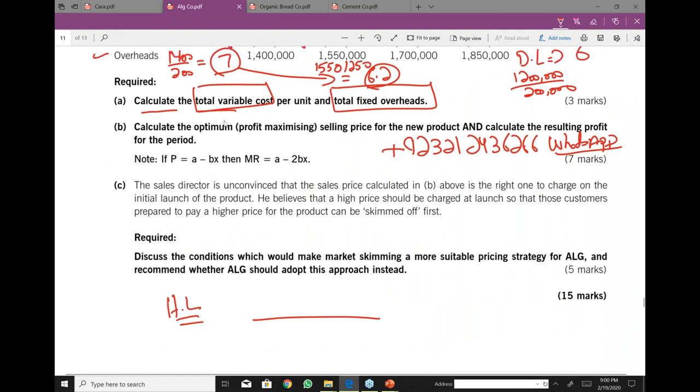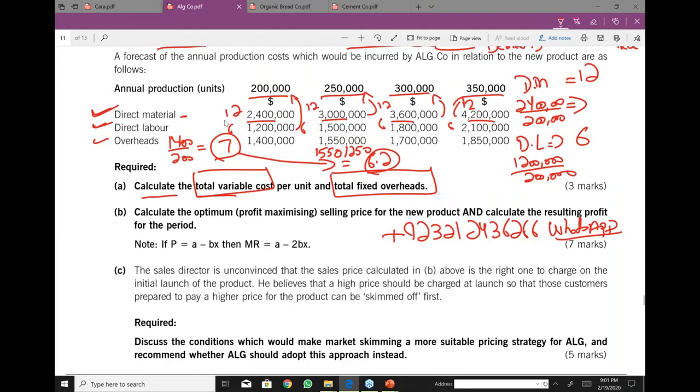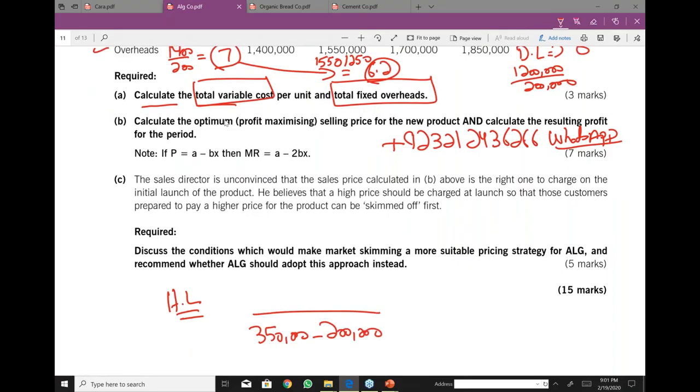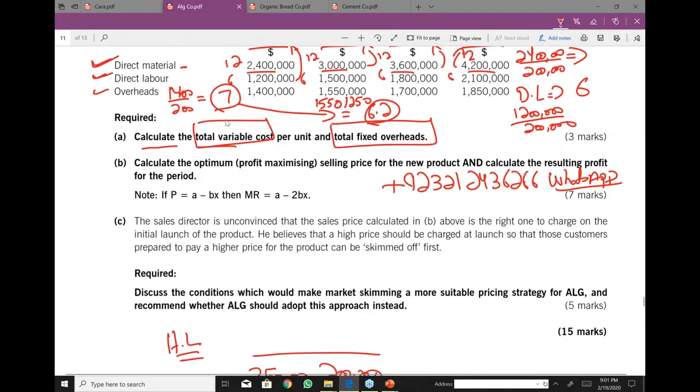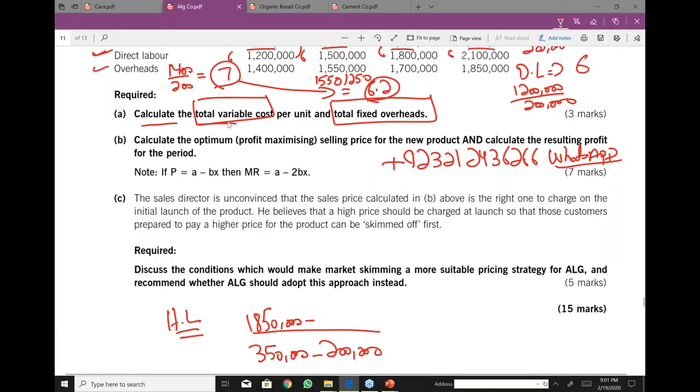The highest activity is 350,000 and the lowest activity is 200,000. The overhead at highest is 1850, and at lowest it's, I think, 1400.